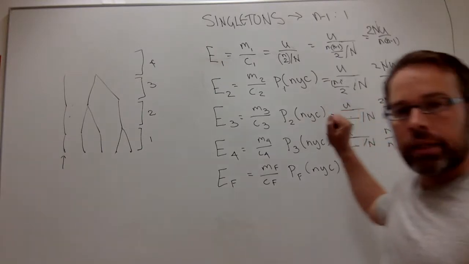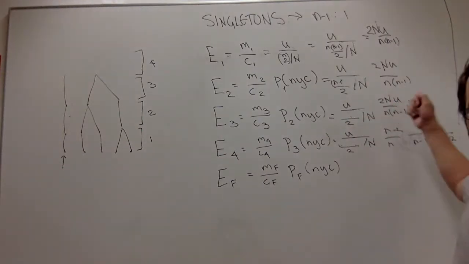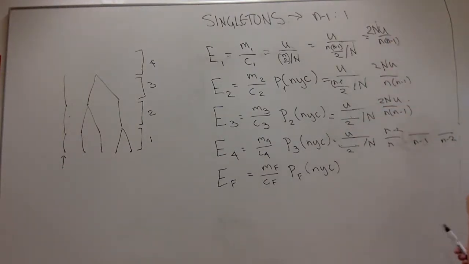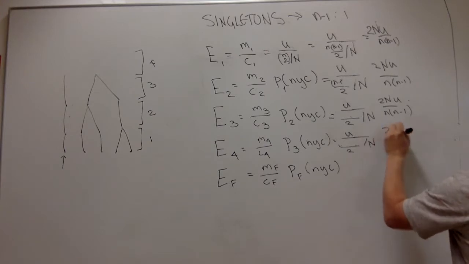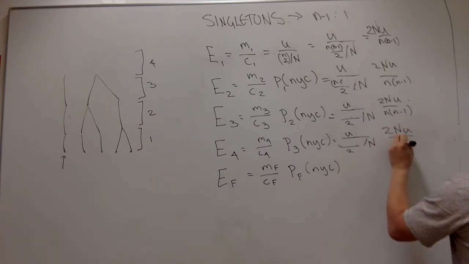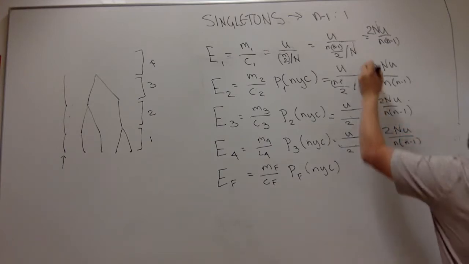And what you see is that in general, for each one of these, even though it was a little bit of a bear to get there, these cancel out. And again, we get 2nu divided by n minus 1.